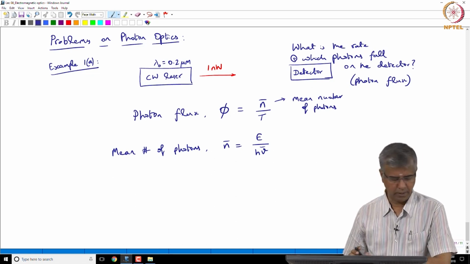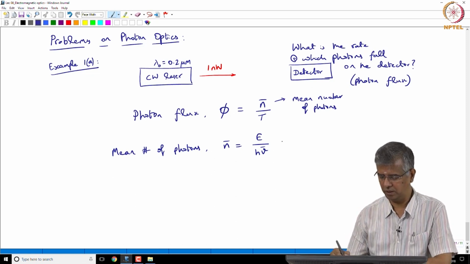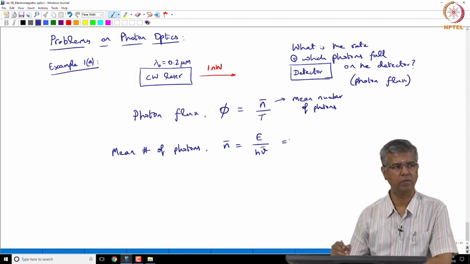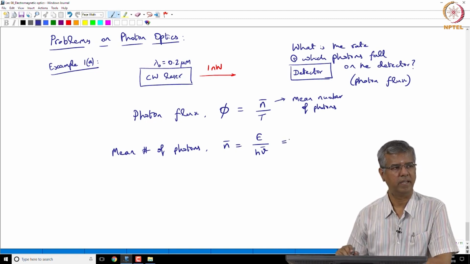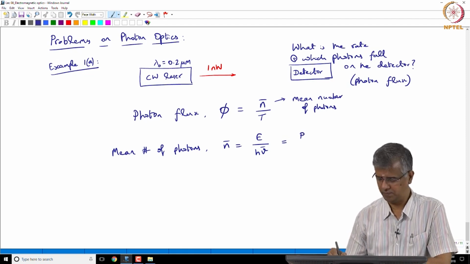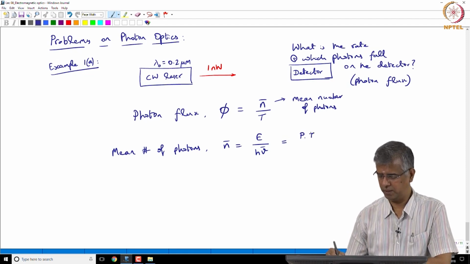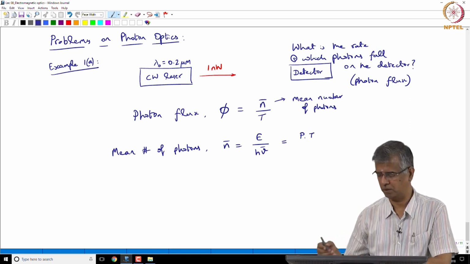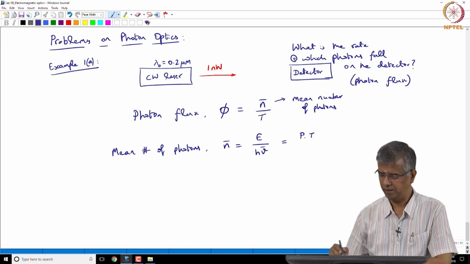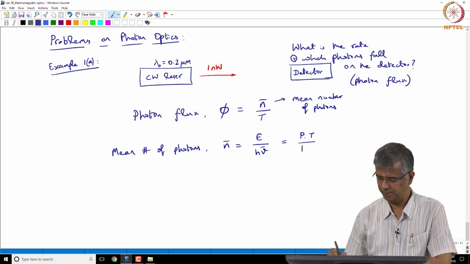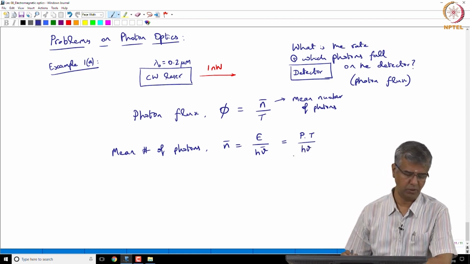So in this case, you are given optical power. How do you convert energy to power? What is the relationship? The power integrated over time is energy. So n bar is P times T divided by h nu.